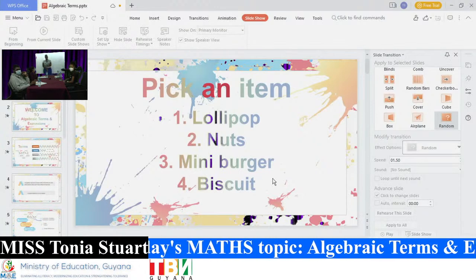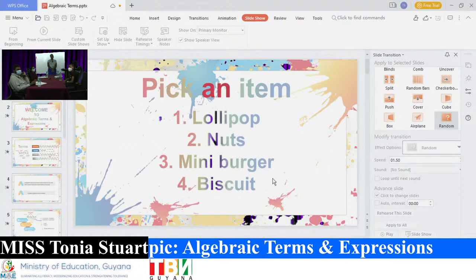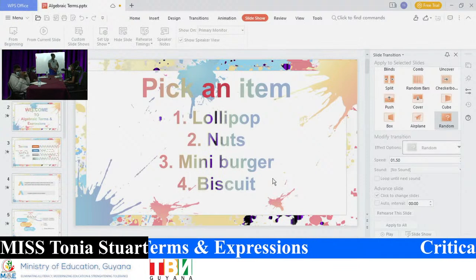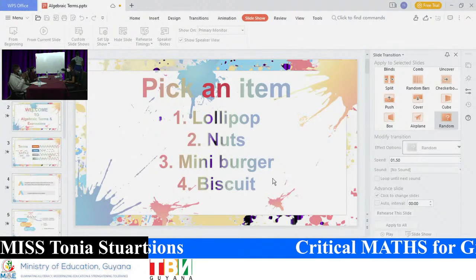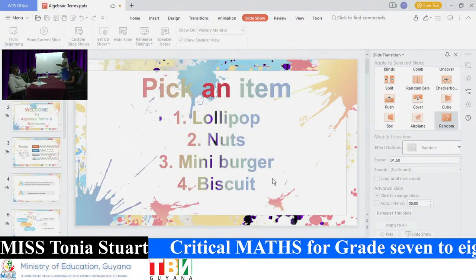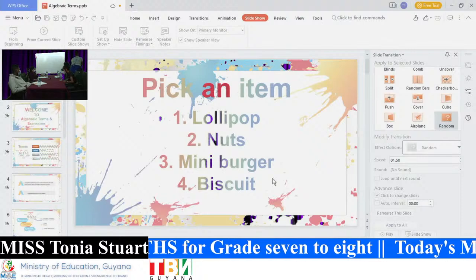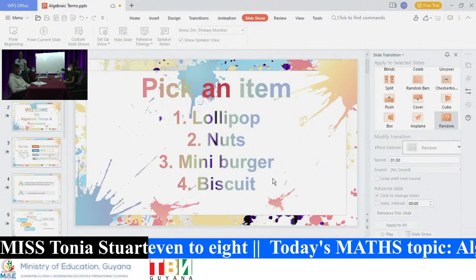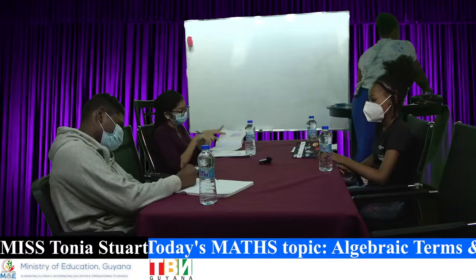Please remember that. Shamar: Biscuit. And Aliyah: Mini burger. Good. So we have lollipops, please make a note of it. We have biscuits, please make a note of your biscuits. And we have mini burgers.